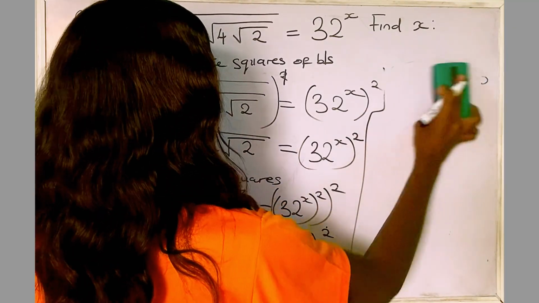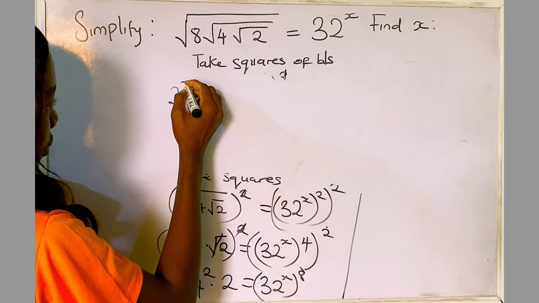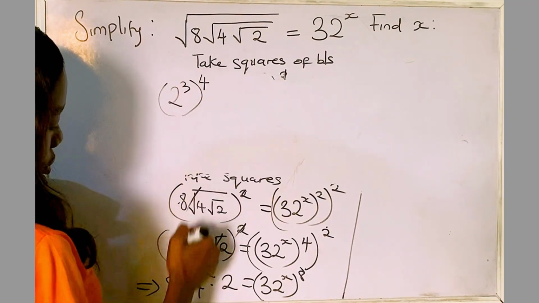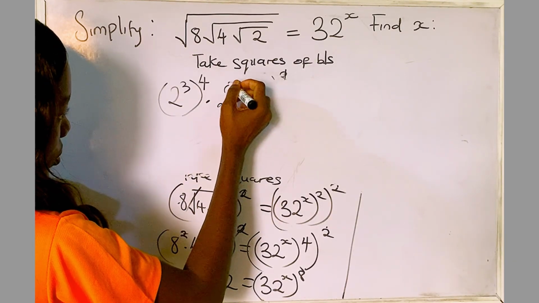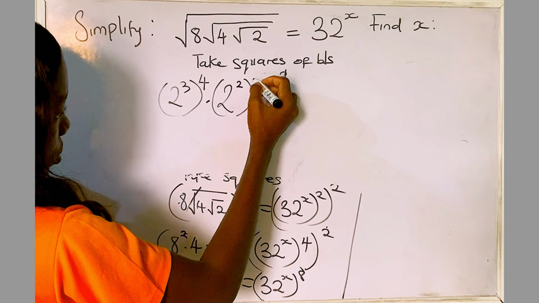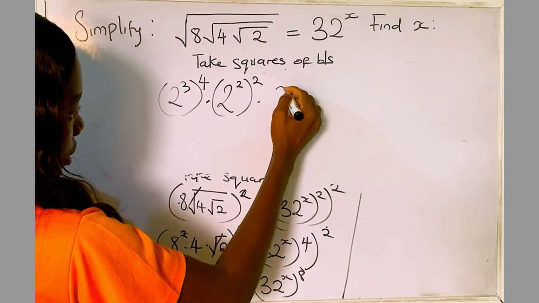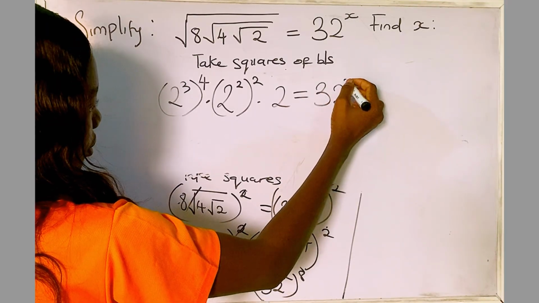We have 2 to the power of 3 multiplied by 2 to the power of 2. We have 2 here multiplied by 2 is equal to 32 to the power of x.